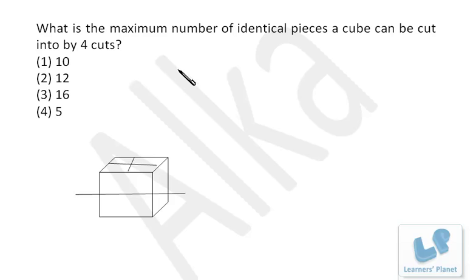Okay, so these sorts of questions are frequently asked in reasoning based examinations. Now the important thing that you have to keep in your mind, see, one cut makes 2 parts. Obviously this one cut is there and that is making 2 parts. Again one cut is making 2 parts. That means 2 cuts are making 4 parts.